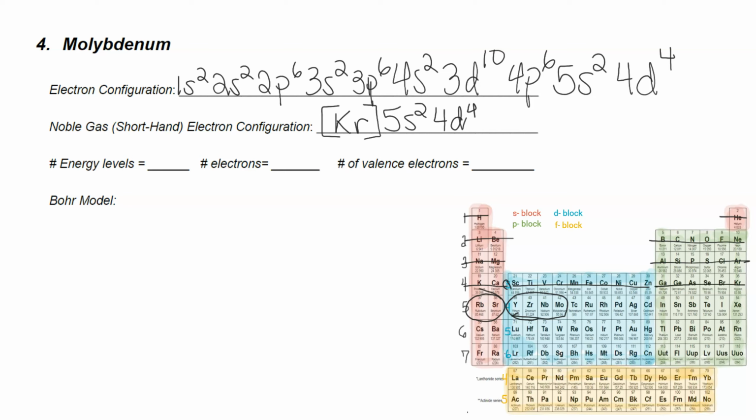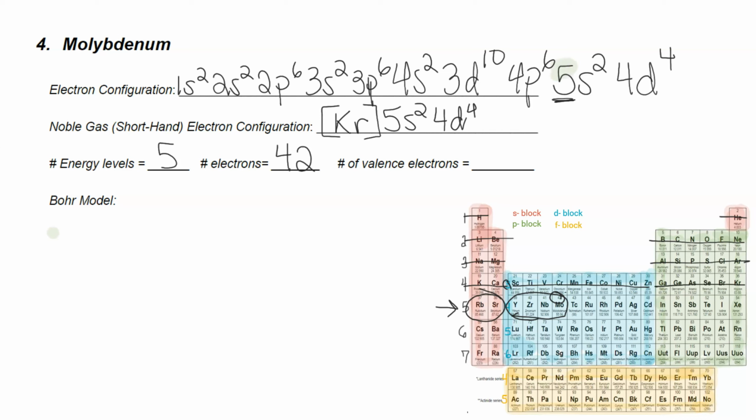Now for our energy levels, the highest number that we got down to on energy levels is 5, and you can check that in your electron configuration. The highest number is 5, so we have 5 energy levels. We know molybdenum has 42 electrons in its configuration, so 42 total electrons. And then for valence electrons, we need to look at that highest energy level number 5.